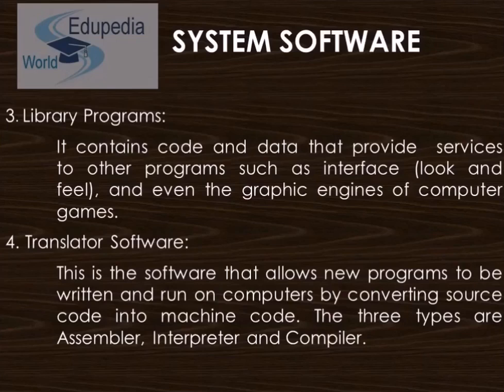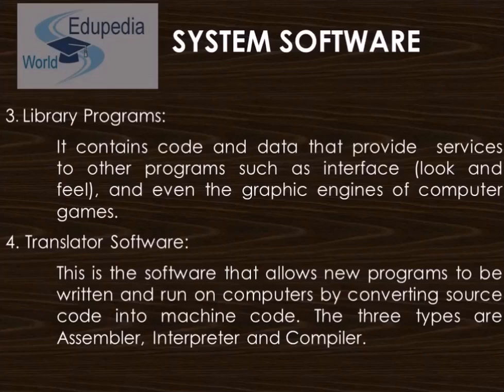Then comes the translator software. This is the software that allows new programs to be written and run on computers by converting source code into machine code. So the three types of translators are assembler, simply to convert assembly code into machine code, then interpreter and compiler.